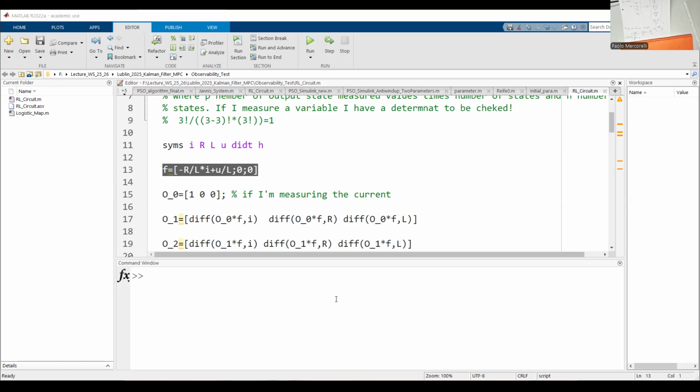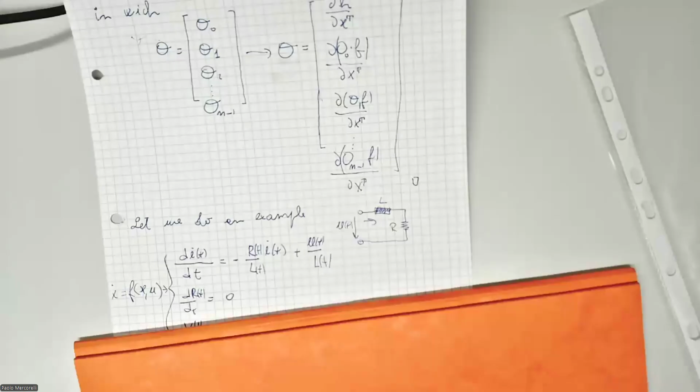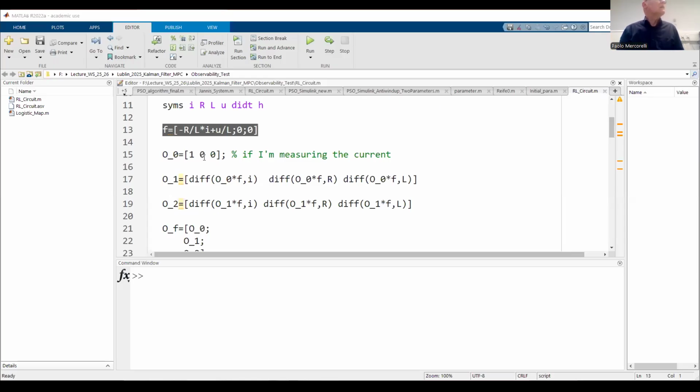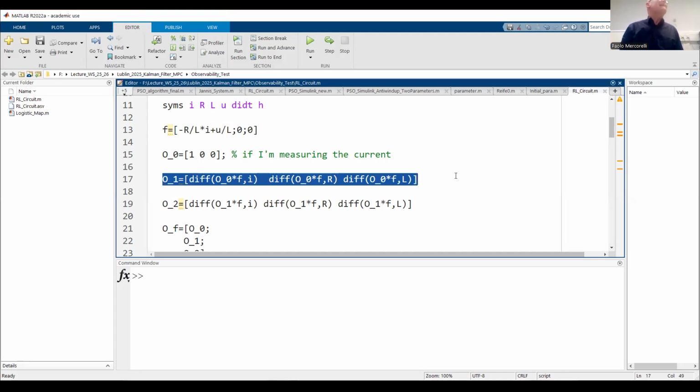Okay, now we have to go ahead a little bit. Look, O0 we calculate easily, but I can also calculate it symbolically, as I did for O1. For O1, I used the symbolic because it was not immediate. Do you remember?